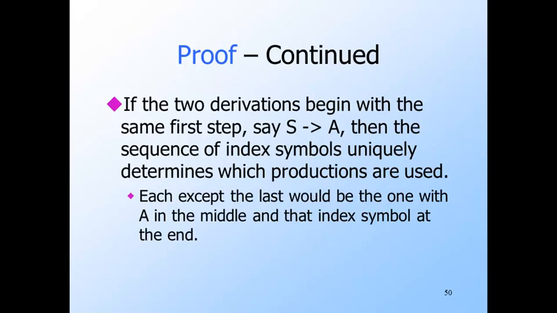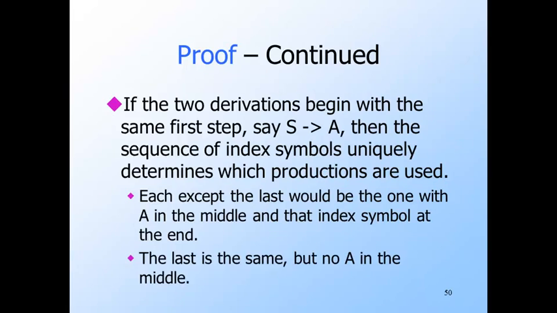Except for the last production used, each would be the unique A production that generates the index symbol and has an A in the body. And the final production would be the one with the last, that is leftmost, index symbol, and no A in the body. The same idea works for derivations that start with S goes to B. There can be only one with a given sequence of index symbols.